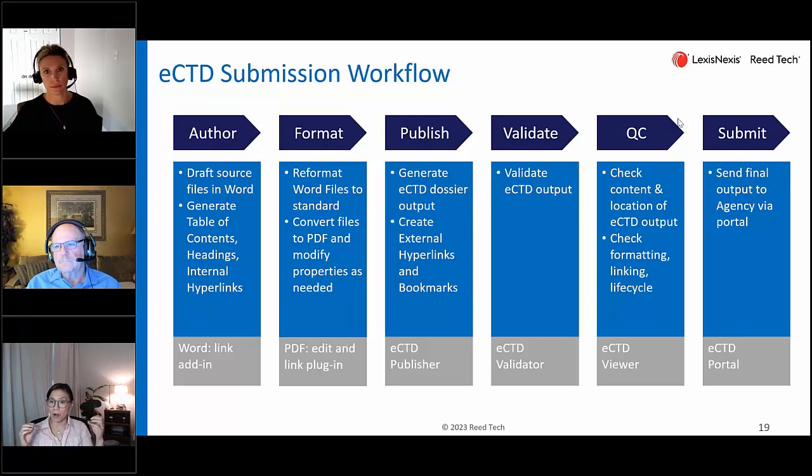It's great that links aren't broken, but we have to ensure that a clinical summary going to module 5.3.2.1, table 1, takes you to that section when you click on the link. So that's the level of QC to ensure there's cohesiveness and that the reviewer is not going to have any confusion on how to navigate through your eCTD application.